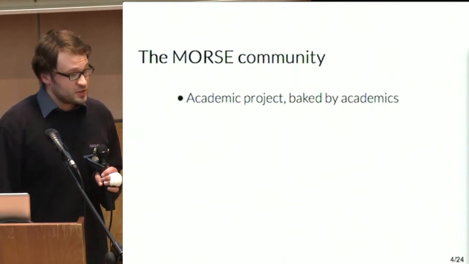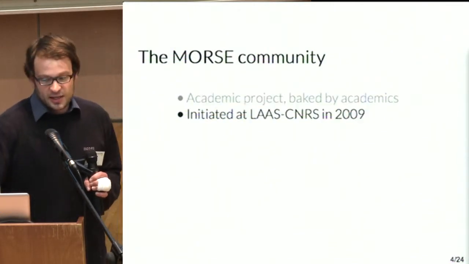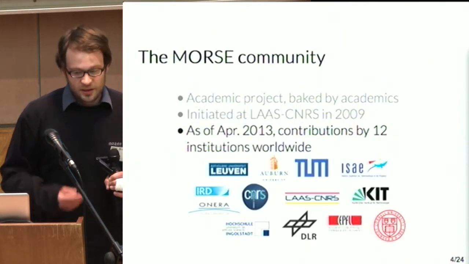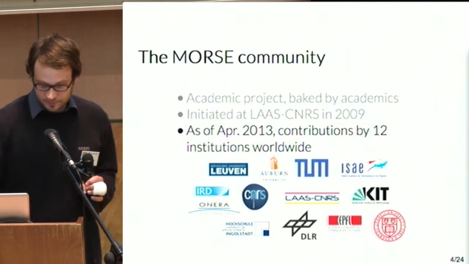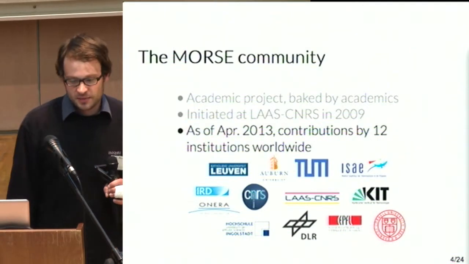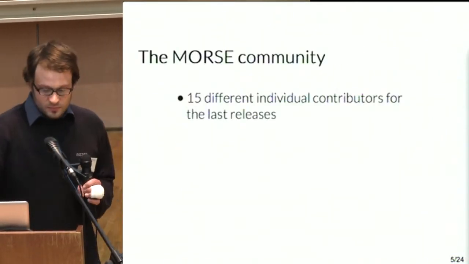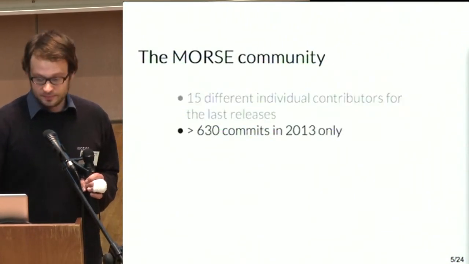The project itself was initiated at LAAS-CNRS in Toulouse in 2009, and as of now it contains contributions from over 12 institutions worldwide. For our last releases, we had 15 different individual contributors and over 630 commits in 2013 alone.